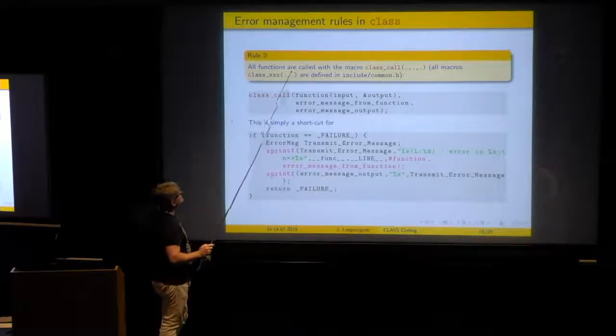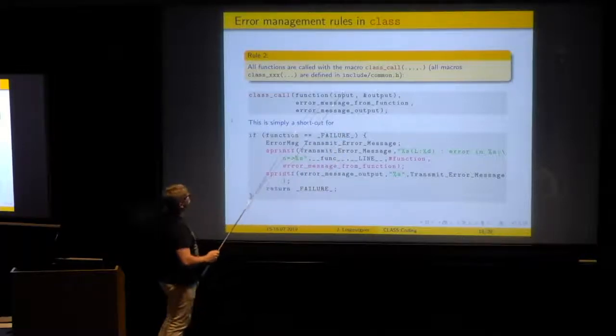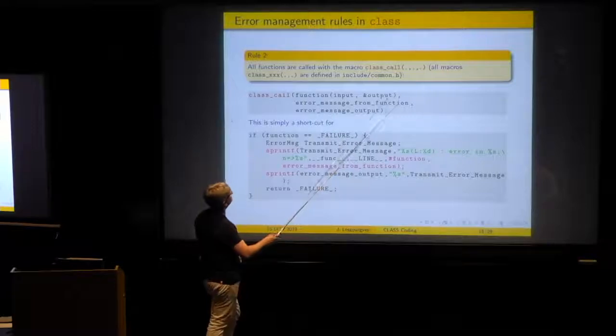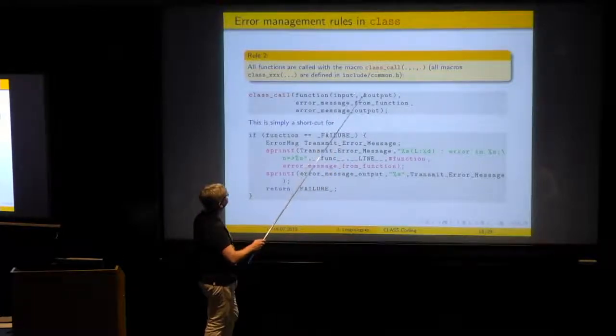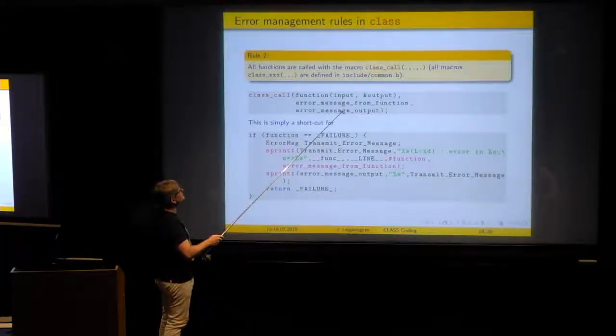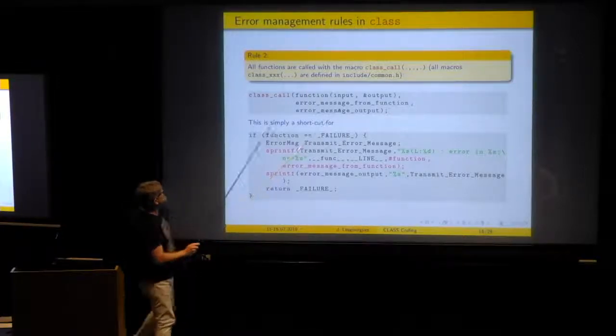It takes 3 arguments, which is the function you want to call, a string that will contain the error returned by this function from here to here, and a string that will be used to pass the same error message to a higher level. And we will see examples.